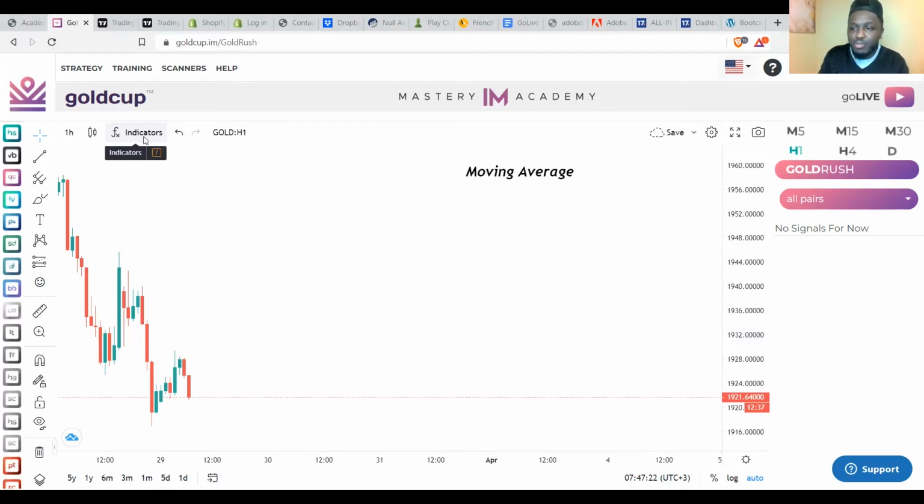The other thing I'm going to mention about indicators, not just moving averages but all types of indicators, moving averages, Bollinger Bands, or whatever else, is that you don't want to use indicators alone without being able to see price action and market structure.